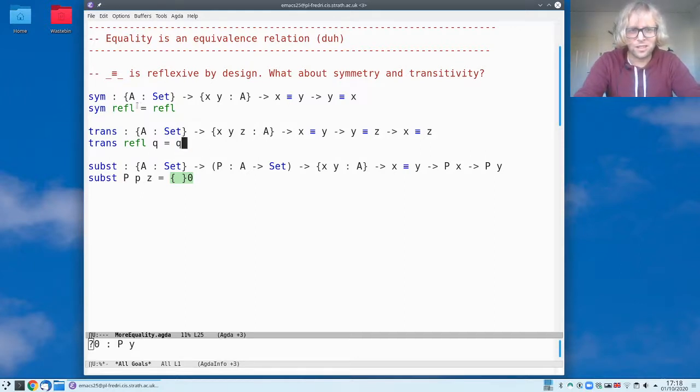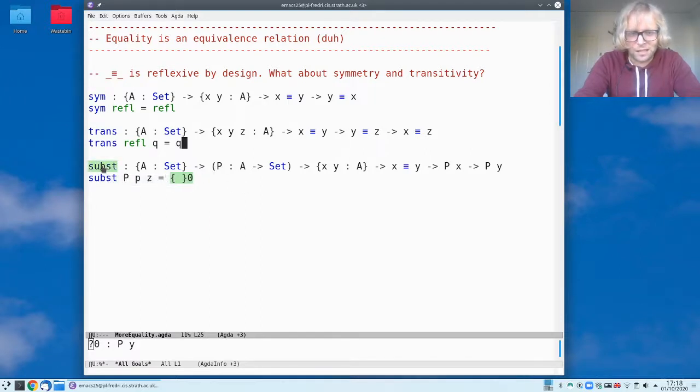Okay, so that shows that equality is reflexive, symmetric and transitive, which is nice to know, but also very useful many times. And it also has one more property. It's not just any old equivalence relation. It's a very special one. It's the least one.